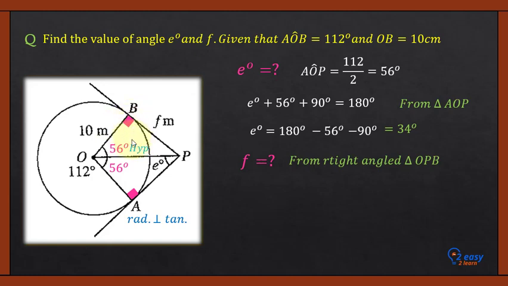The side opposite to the 90 degrees is called the hypotenuse, where two angles are given, 56 and 90. We call it the base or adjacent side, and the side opposite to the angle 56 is called the perpendicular or opposite. Now we have to find F, which is the perpendicular, and the base is given, which is 10, and the angle 56 is also given.